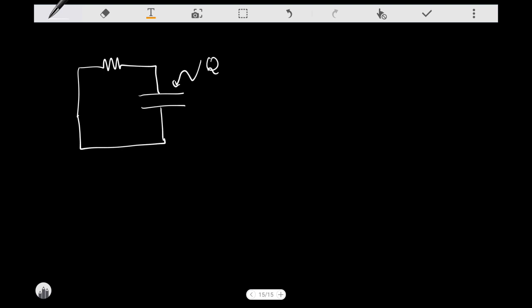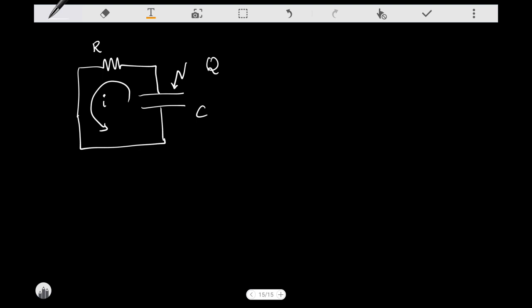So let me draw this picture again. So this is my picture in here. The charge in here is Q. The charge on that plate is Q, and my current along that direction is I. So I'm expecting that when Q0 is positive, the current is also positive at all times with this choice.